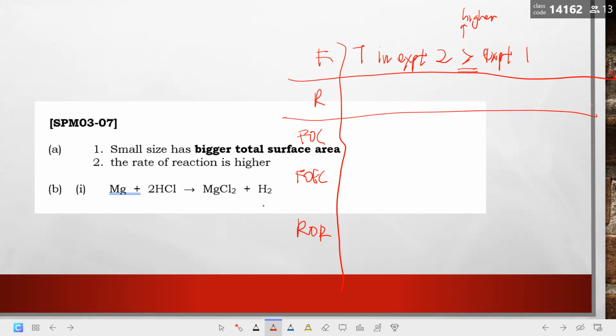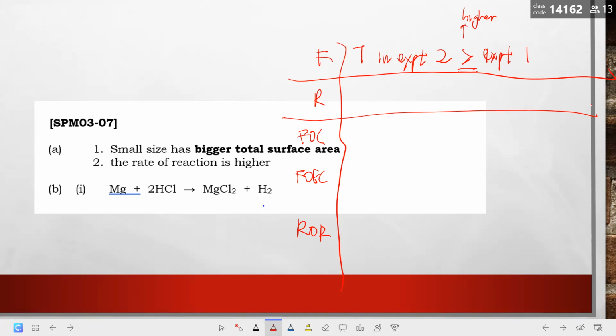Next mark. What's my reasoning for temperature? Teacher already did it earlier. The higher the temperature, the higher the rate of reaction. No. The reasoning. Oh, the reasoning. Alvi, what's the answer? Kinetic energy increases. Okay, 0 marks.